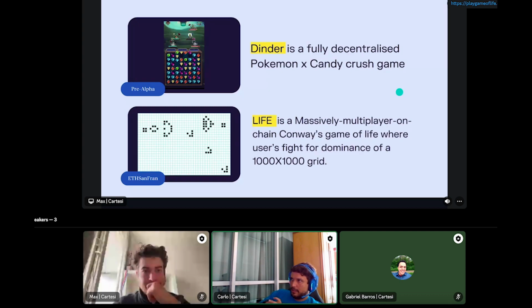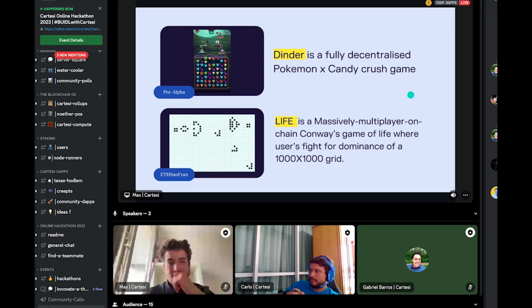And this specific game, which was developed for the San Francisco Hackathon, became a multiplayer game. Each player sets a certain configuration of cells in the beginning. Then there's a simulation for a certain number of rounds, and the player with the most cells wins.